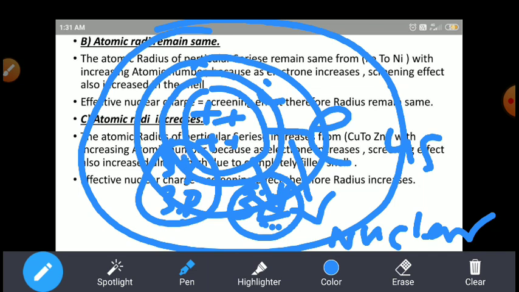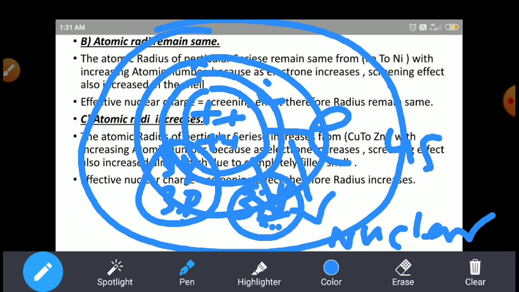So the amount of attraction from the nuclear charge to 3d and the same amount of repulsion experienced by the 3d orbital from the 3s and 3p are both equal.